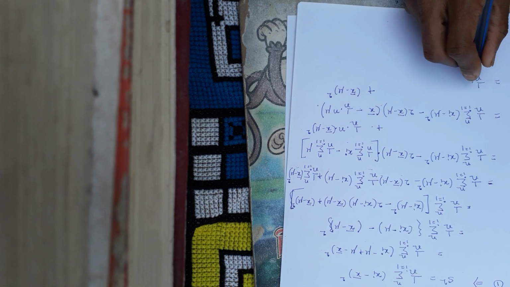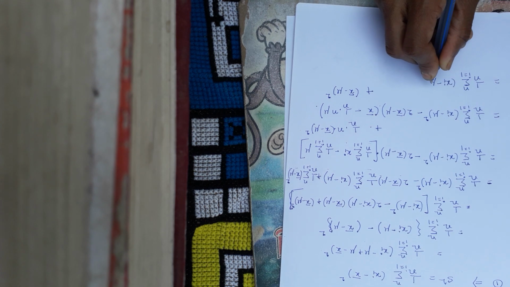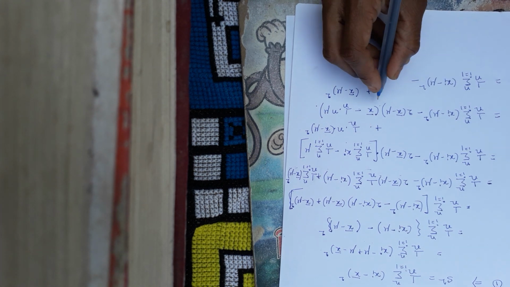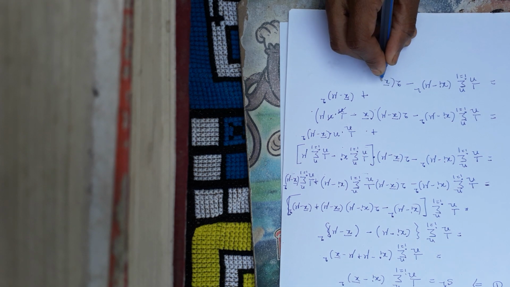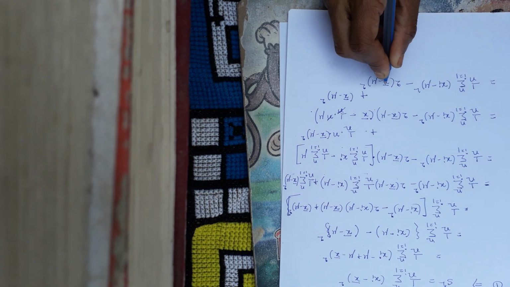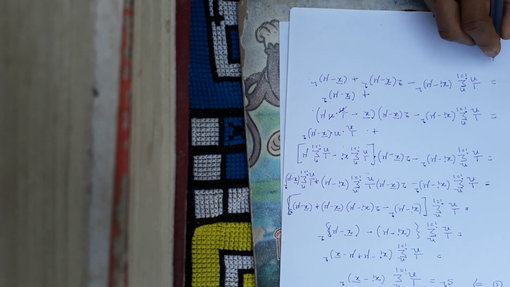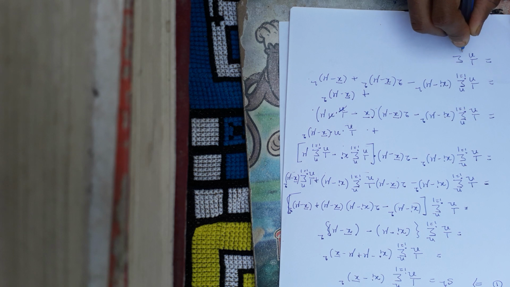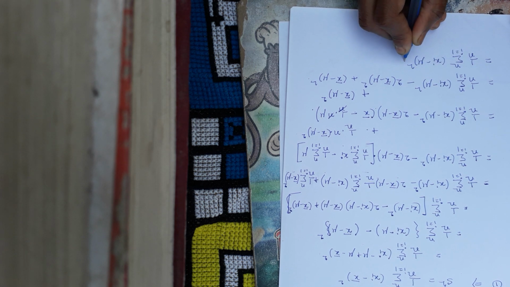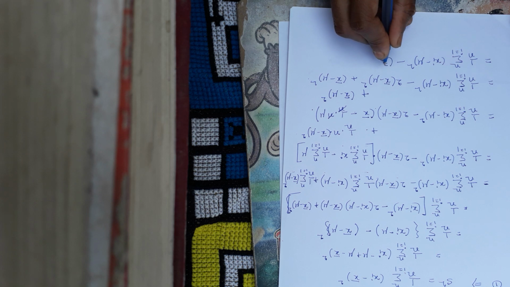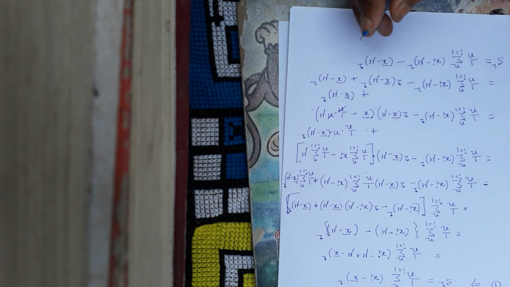So this is 1 by n summation of i equals 1 to n, xi minus mu whole square, minus, n cancels, so it is 2 into x bar minus mu whole square, plus x bar minus mu whole square. So we get this one, minus x bar minus mu whole square. This is the value of s square.